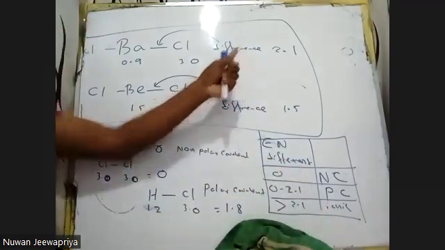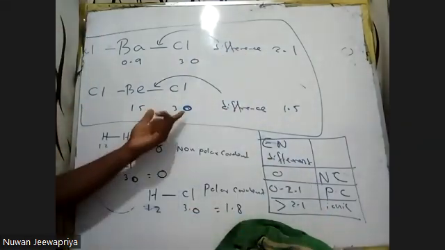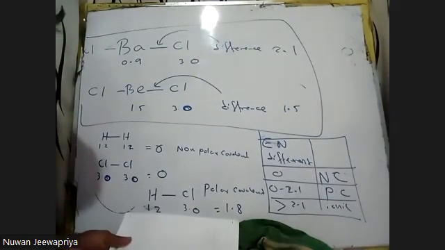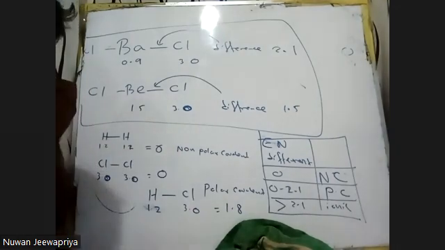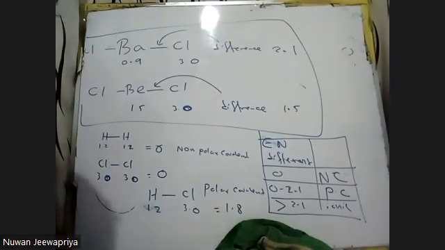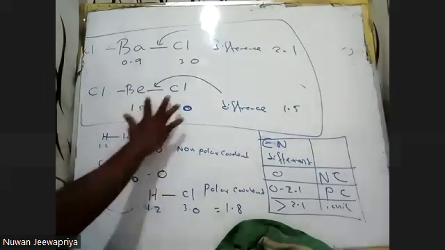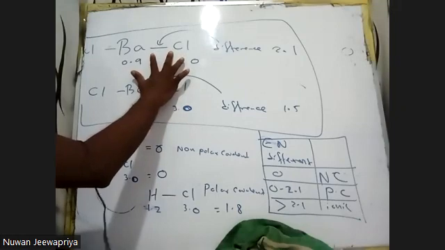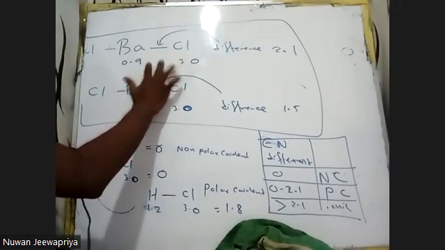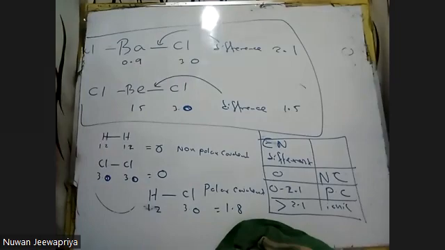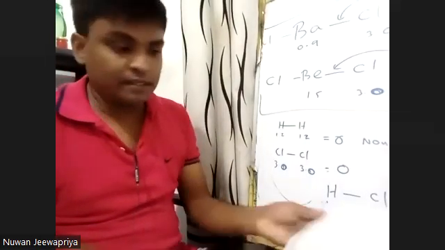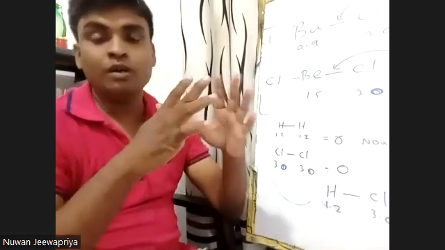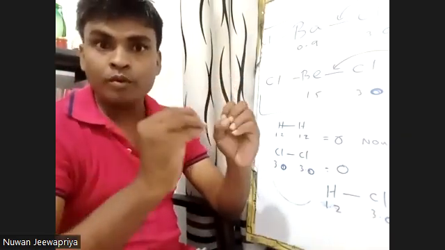So this bond is polar covalent, right? So this bond is polar covalent, and this bond is almost ionic. Clear? Right. That depends on the electronegativity difference. If the electronegativity difference is 0, we call it non-polar covalent.